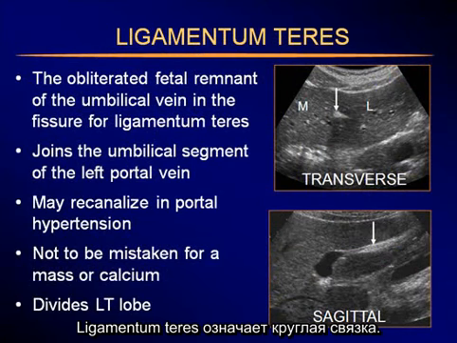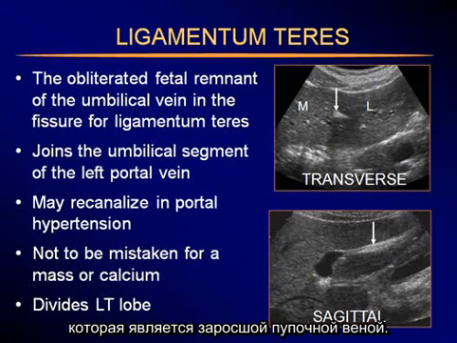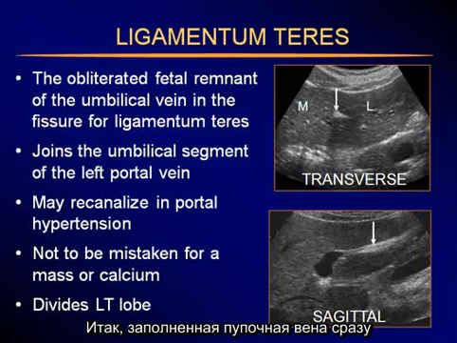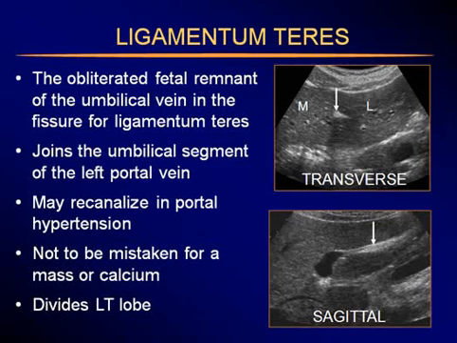Ligamentum Teres means round ligament. We have different round ligaments in our body, but this is the round ligament in the liver, which is the obliterated fetal remnant of the umbilical vein. So the fetal umbilical vein, once the fetus is born, there's no need for that vein, so the vein clamps down and becomes almost like a thick fibrous kind of cord located within the fissure for Ligamentum Teres.